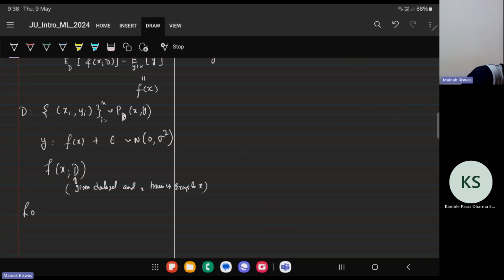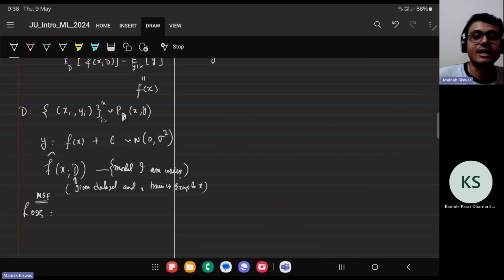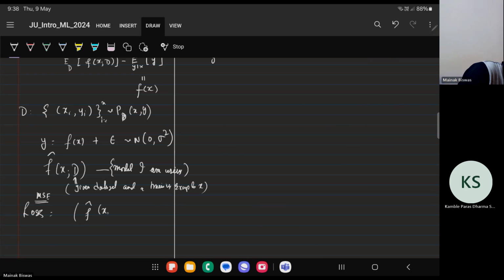The total loss, say I'm going to define an MSE loss, is, this is the model I am using, right? f hat is the model. So do you agree that the loss is going to be this? This is going to be my loss over the data set.